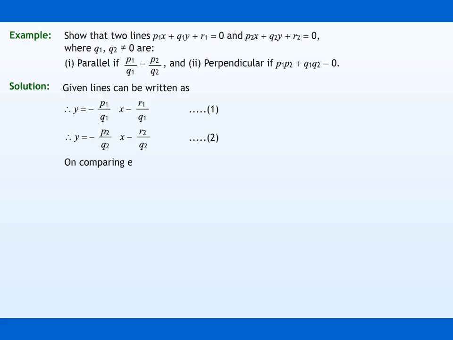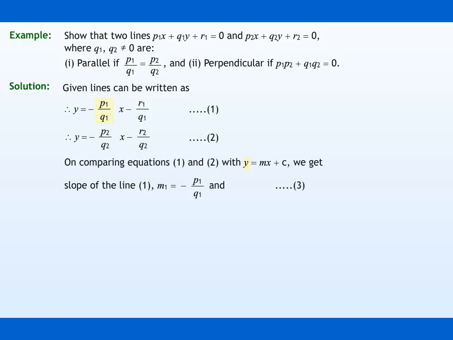On comparing equations 1 and 2 with y is equal to mx plus c, we get slope of the line 1, m1, equal to minus P1 upon Q1, and mark this equation as 3. Similarly, slope of the line 2, m2, is equal to minus P2 upon Q2. Mark this equation as 4. Let us solve the first part of the question.